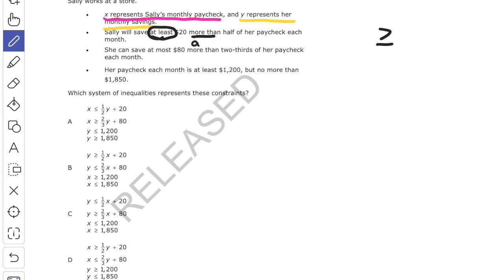So more than means we need to add. And then half of her paycheck. So she wants to save, savings was Y, so Y is greater than or equal to half of her paycheck, so 1/2 of X, and then $20 more than that. So Y is greater than or equal to 1/2 X plus 20.